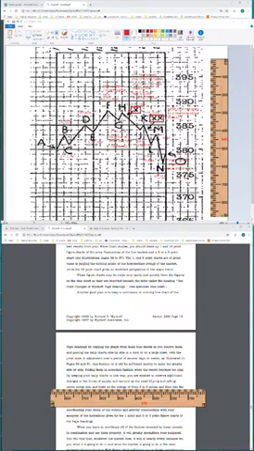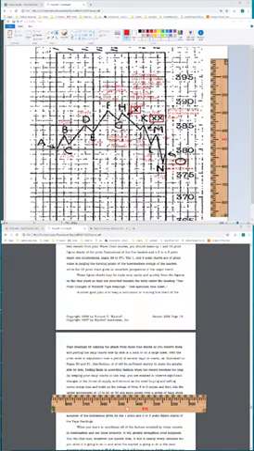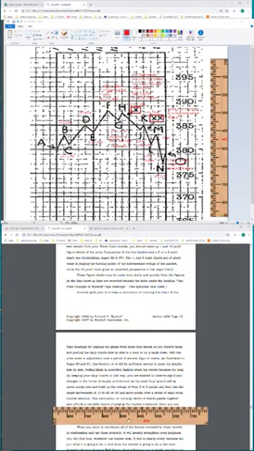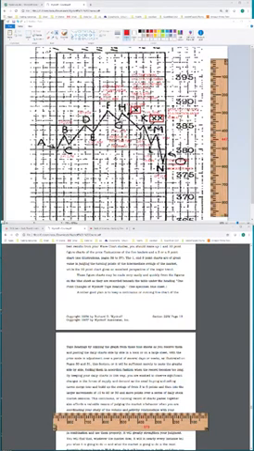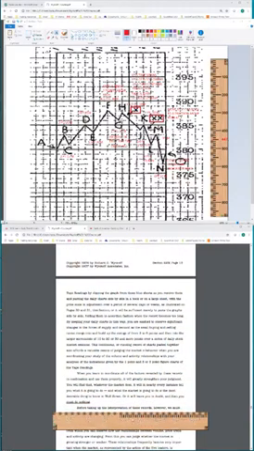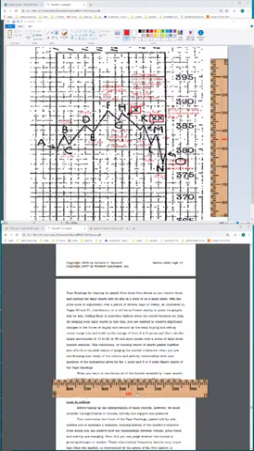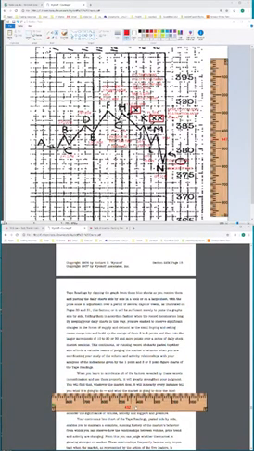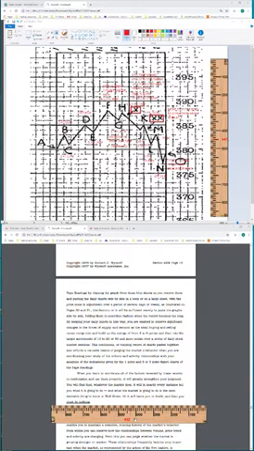That's the key. As the smaller buying waves merge into the bigger waves, that's what you want to try to do. And here is the key benefit.